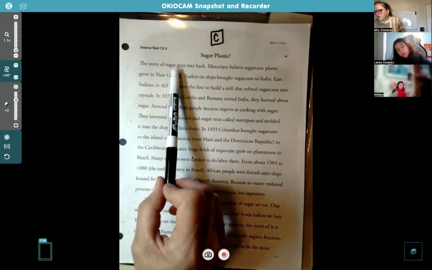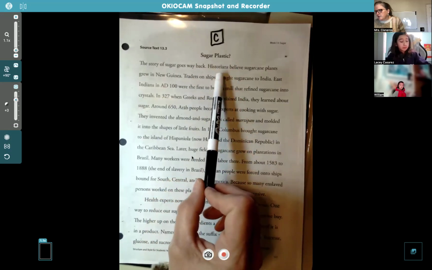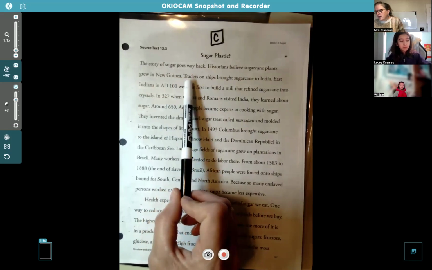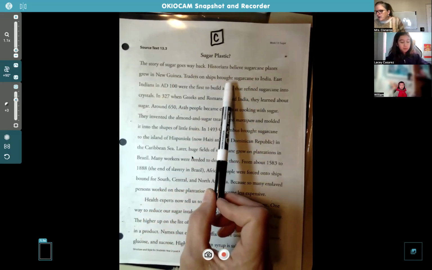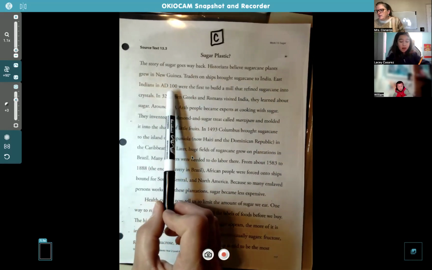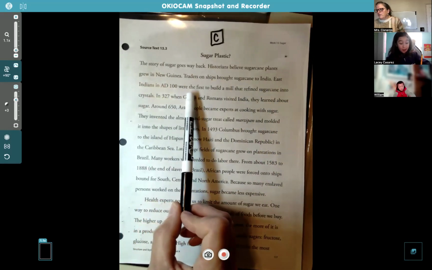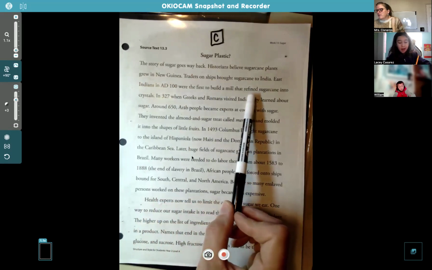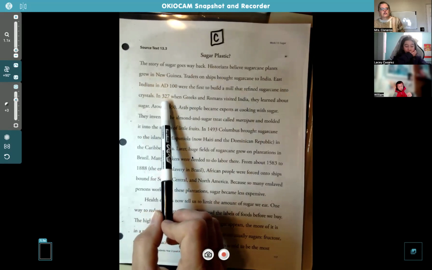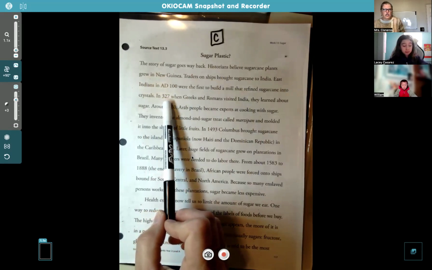The story of sugar goes way back. Historians believe sugarcane plants grew in New Guinea. Traders on ships brought sugarcane to India. East Indians in AD 100 were the first to build a mill that refined sugarcane into crystals. In 327, I mean, this is like almost 2000 years ago, a long, long time ago.